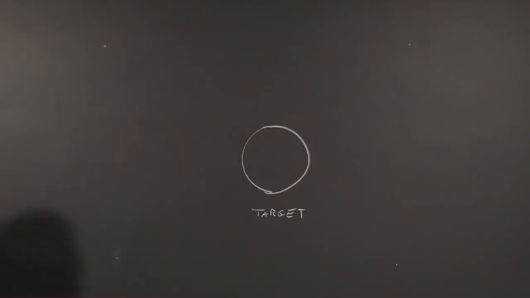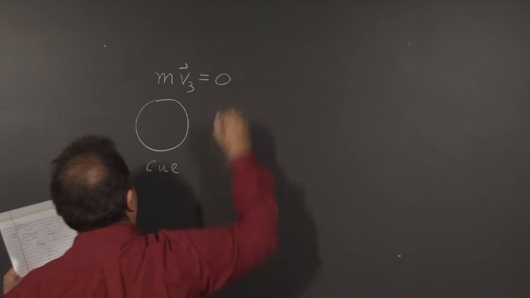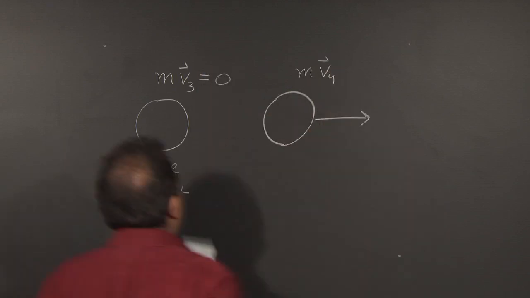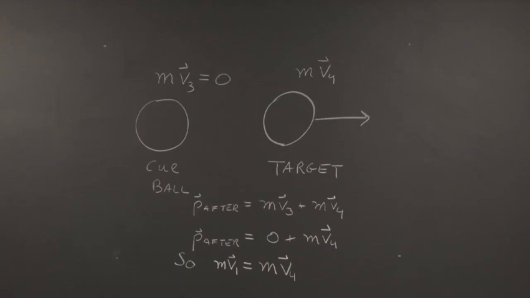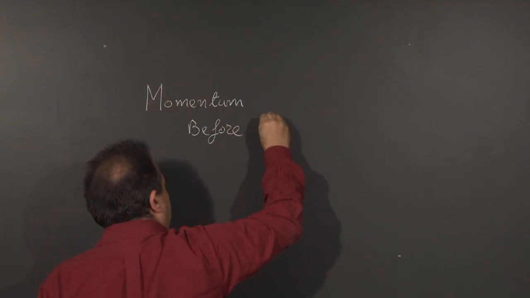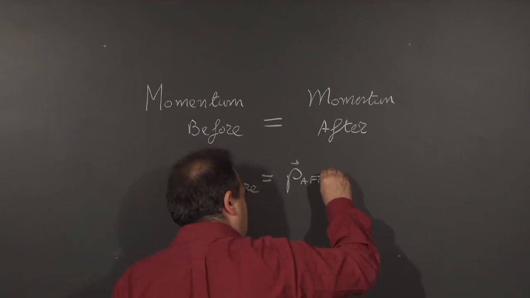Then in the second half, after they've collided, you had the cue ball stand still and the target ball shoot off in some direction. In that process, then, all the momentum before is the same as the momentum after. Just the objects that are moving are different.